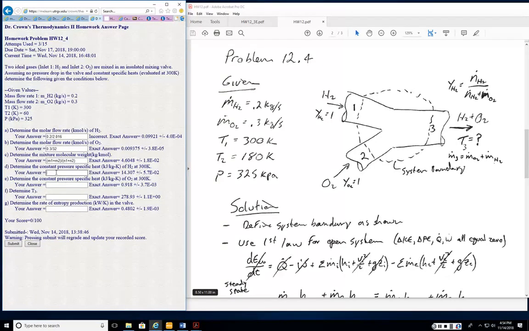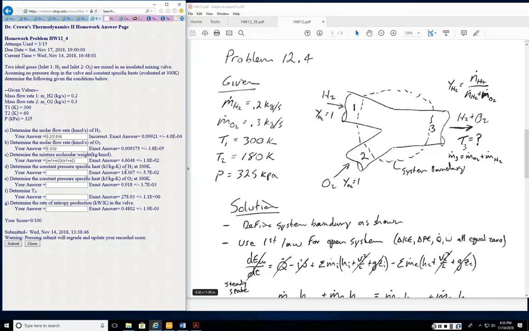determine the constant pressure specific heat. So that's just looking up something in the table. So we go to the tables, and in your book should be table 820, and if you go to oxygen, and at 300 degrees you'll find specific heat, and should be 0.918 for oxygen, and then 14.307 for hydrogen at 300 degrees.